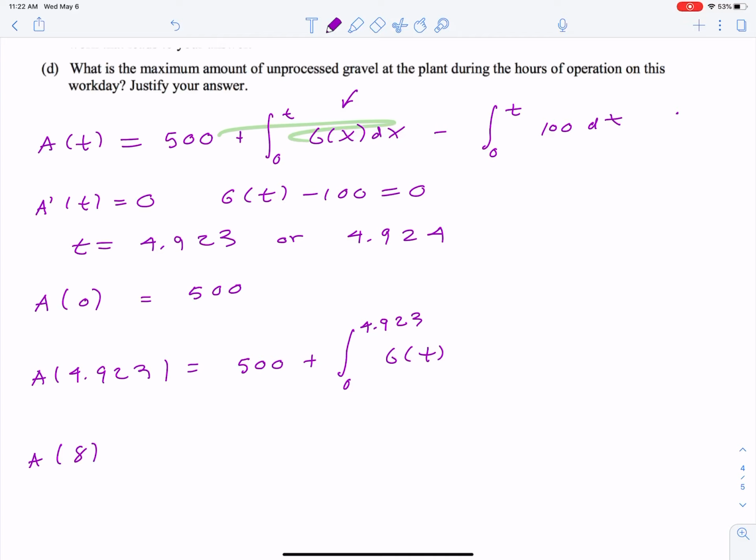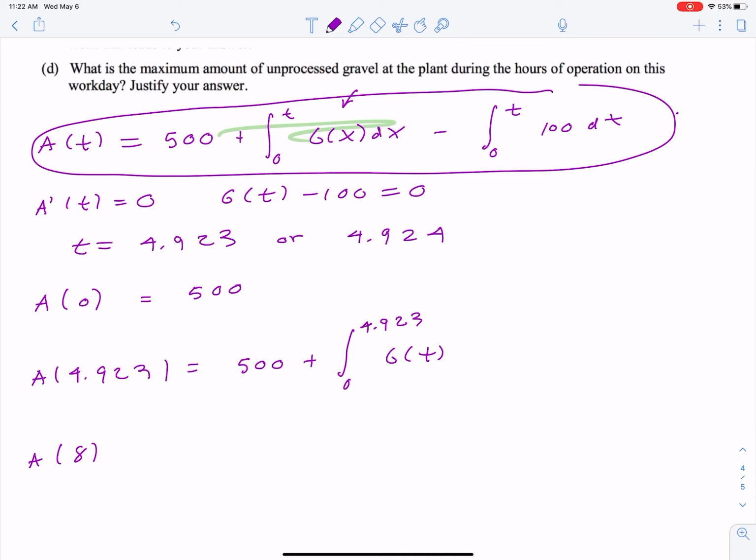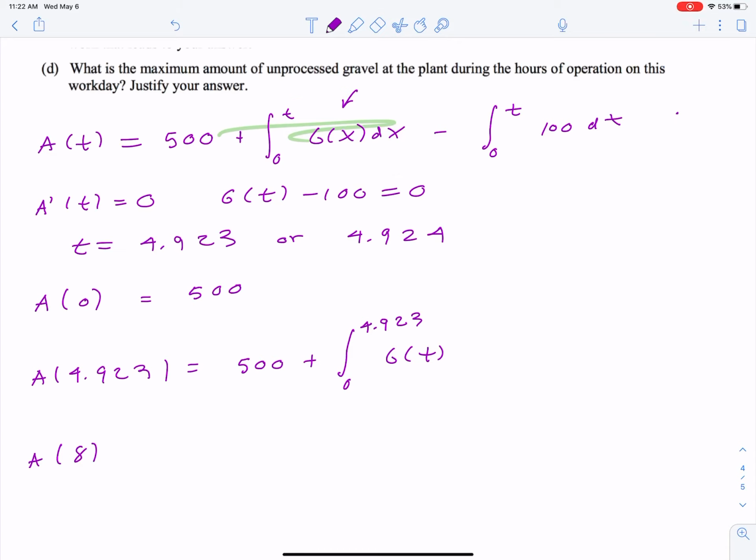Don't get caught up on the variables, please, because this was really just part of my explanation to you guys. I probably wouldn't have shown it. What I would have shown was from below that line: I'm finding a critical value and I'm testing endpoints. Okay, sorry, got a little bit distracted there.